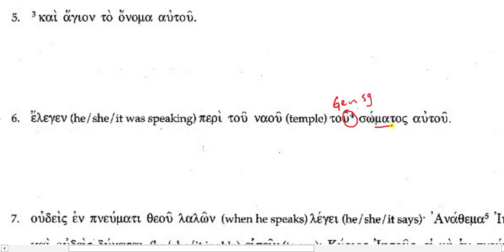Look, you see the mat there? And I have an omicron sigma, which is genitive singular, isn't it? So remember, my article and my noun have to agree in case, gender, and number. But they don't have to follow the same declension pattern, do they? Tou is second declension, sōmatos is third declension, but they're still genitive singular.